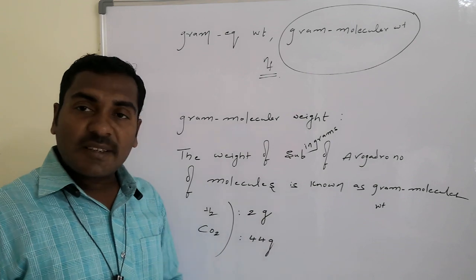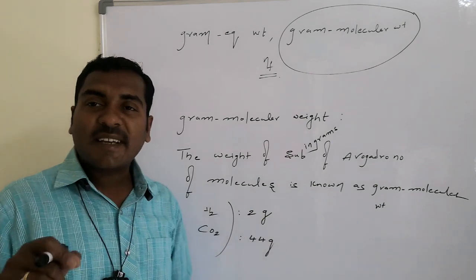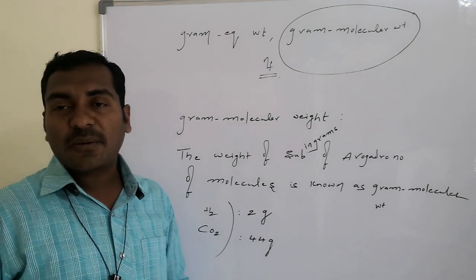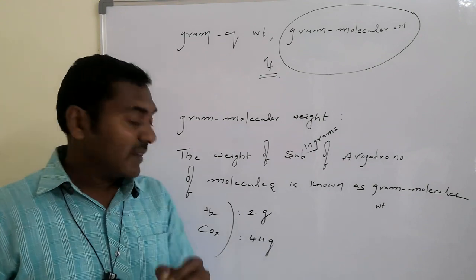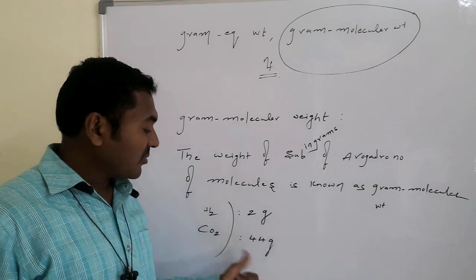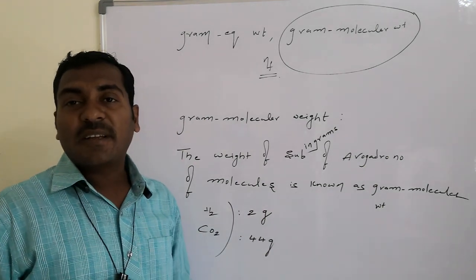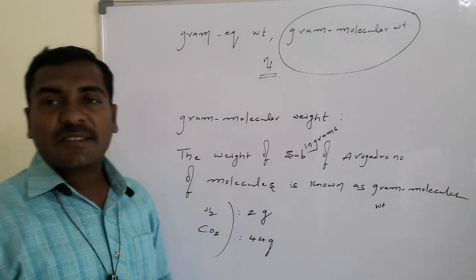Instead of grams, if atomic mass unit is present, then that is the exact molecular weight, that is, the weight of every particular molecule expressed in terms of AMUs. Avogadro number of molecules' weight is gram molecular weight. If there is no unit, that is relative molecular weight. Thus, gram molecular weight is very clear.